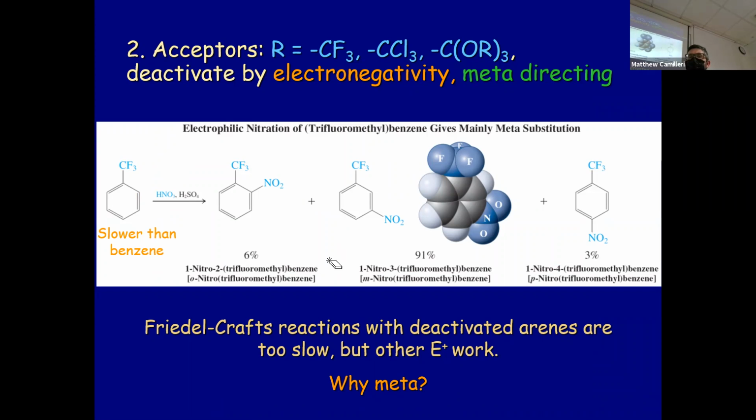Now, CF3 doesn't have any double bonds, and yet it is gonna be meta-directing. So why would this happen? And keep it in mind, because CF3, not sure if we're doing it in this module or not, but it's something you can then easily remove.